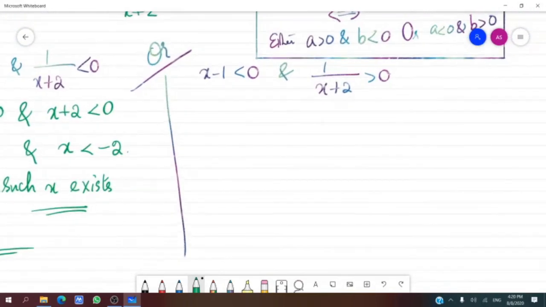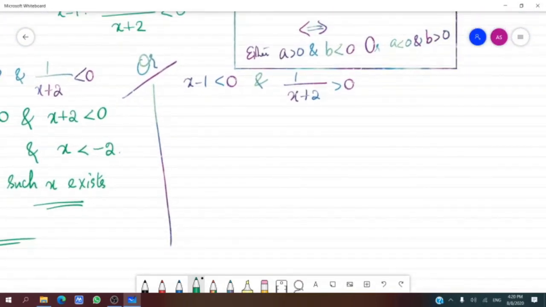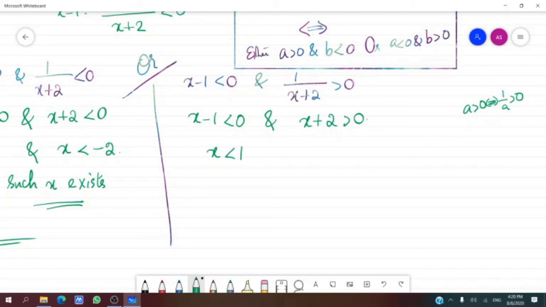So other case ആയിരിക്കും ചിലപ്പോൾ true ആവുന്നത്: x minus 1 less than 0, negative, and x plus 2 is positive. Okay. കാരണം നമ്മൾ പറഞ്ഞ നേരത്തെ സെയിം കാര്യം, A is positive if and only if 1 by A is positive. So 1 by x plus 2 is positive if and only if x plus 2 is positive. So x minus 1 is less than 0 means x is less than 1. And x plus 2 is positive means x is greater than minus 2.